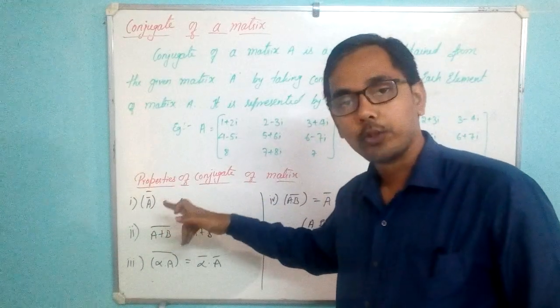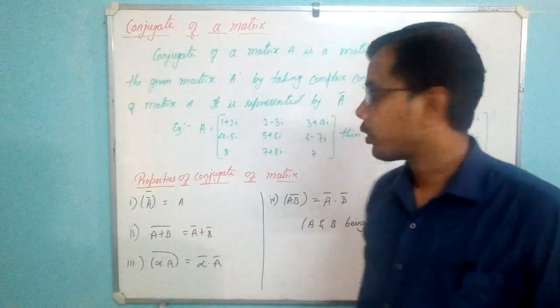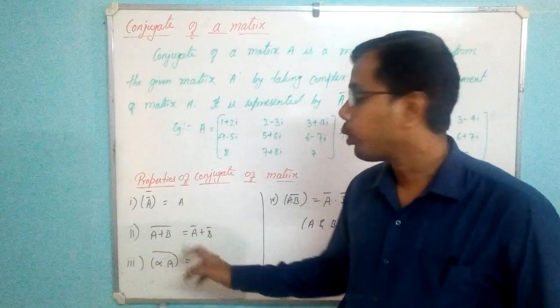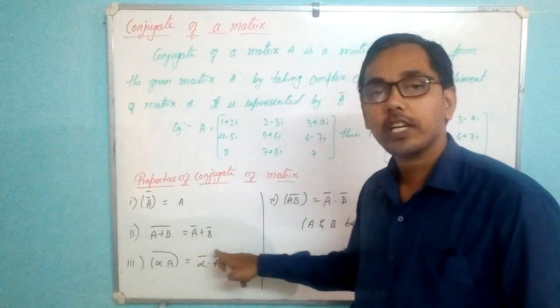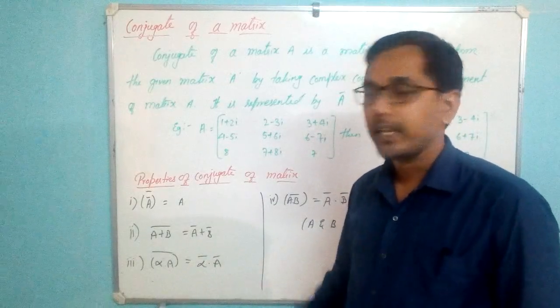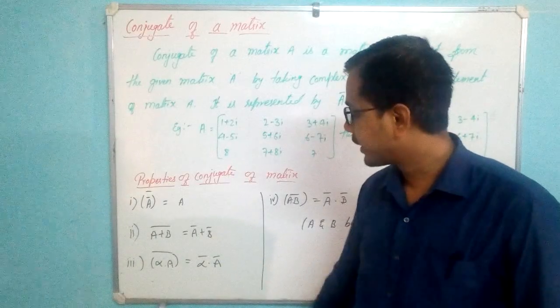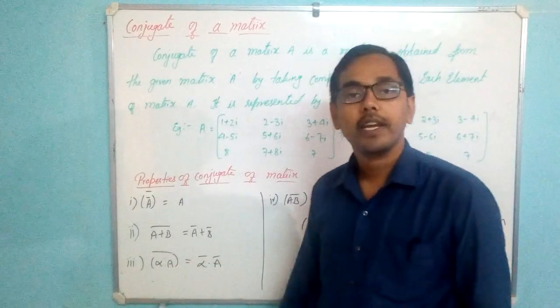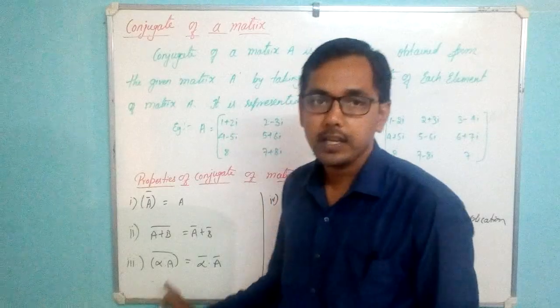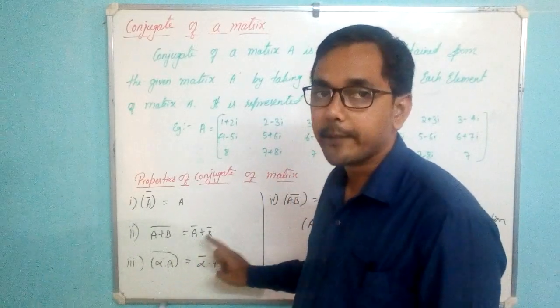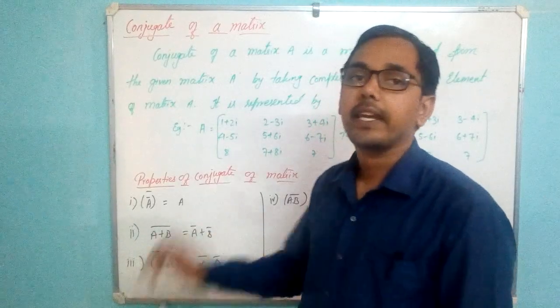Right? Conjugate of A conjugate is nothing but A. Okay, and A plus B whole conjugate can be written as A conjugate plus B conjugate. And the third property is alpha into A whole conjugate, which can be written as alpha conjugate into A conjugate.